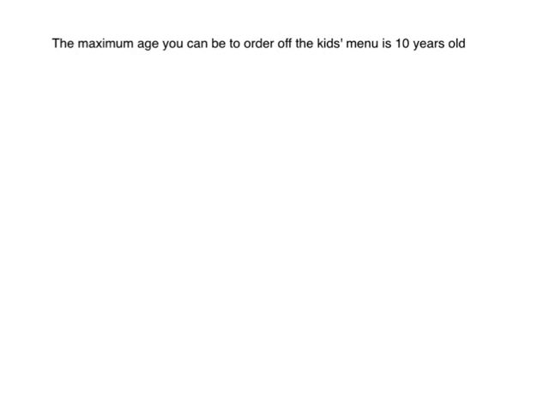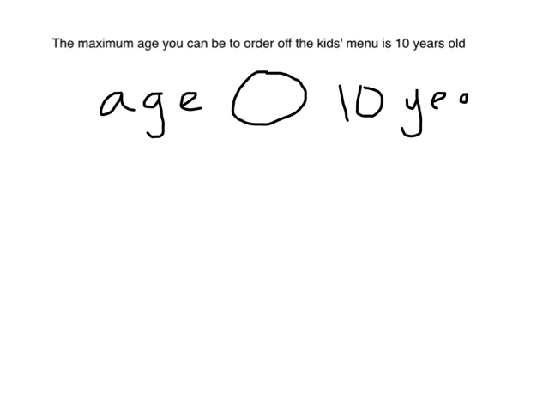The maximum age you can be to order off the kids menu is 10 years old. If I want to write this using numbers and symbols, the first thing I want to do is figure out what we're talking about here. So I know that there's going to be some age of a kid, and I'm going to compare it to 10 years old.